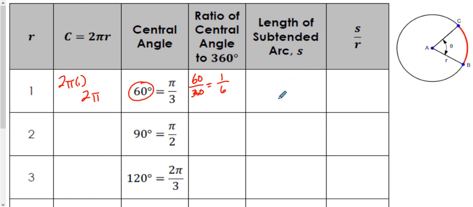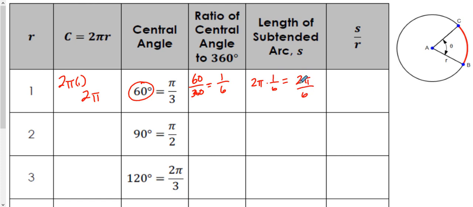So the length of the subtended arc: if the whole distance all the way around the circle is 2 pi, and we're only going 1/6 of the way around the circle, we're going to take that 2 pi and multiply it times 1/6. I hope you guys recognize that when you take a number and multiply it times a fraction, you just end up multiplying by the numerator. So we end up with 2 pi over 6.